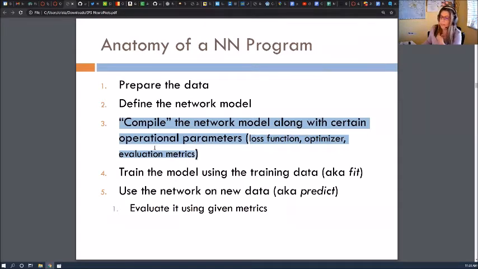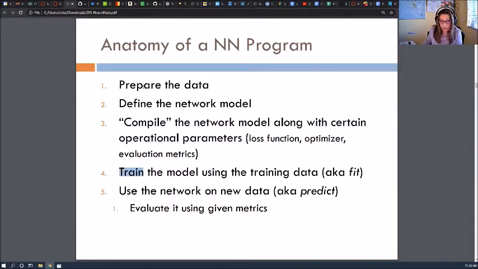So now you compiled it, and you have a model that is laid out appropriately for the hardware that you have at hand, and now you have the data, but you still don't run the program. The next thing that you need to do is to actually compute the weights of those edges, right?